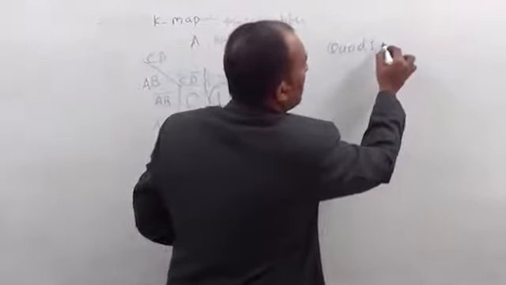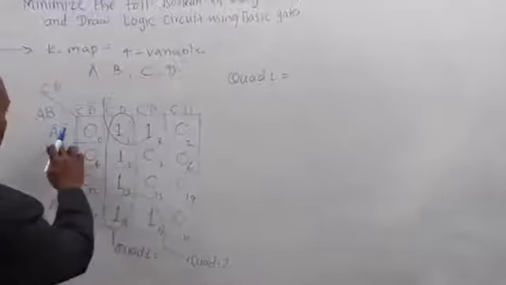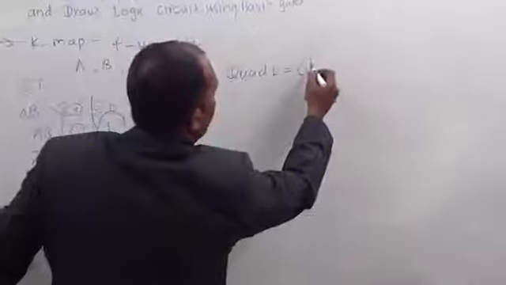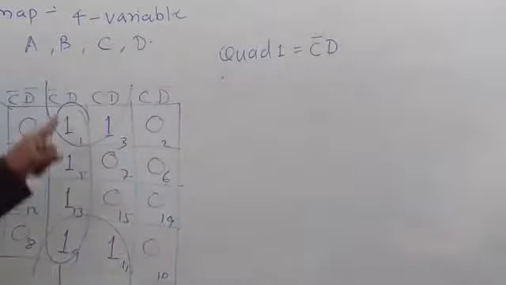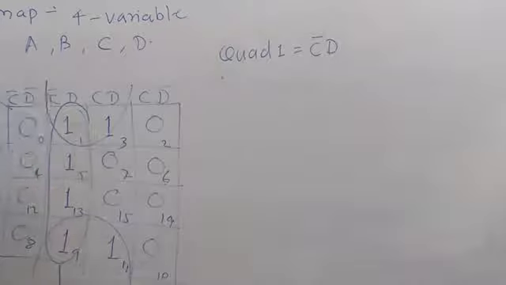So let's find the equation for quad 1. According to quad 1, we can get the equation directly for C bar D. When we get a quad, if there are 4 ones in the column, then there is no need to get the equation from this side.